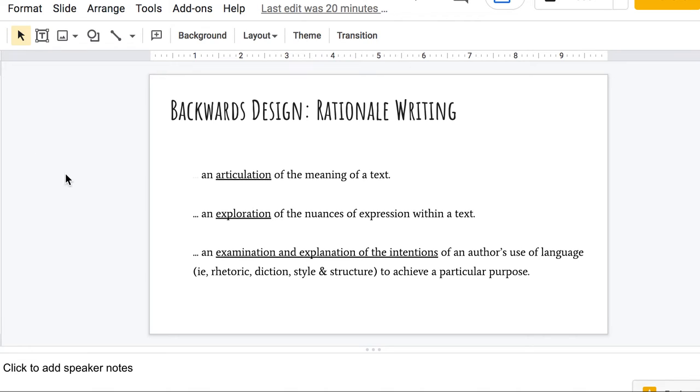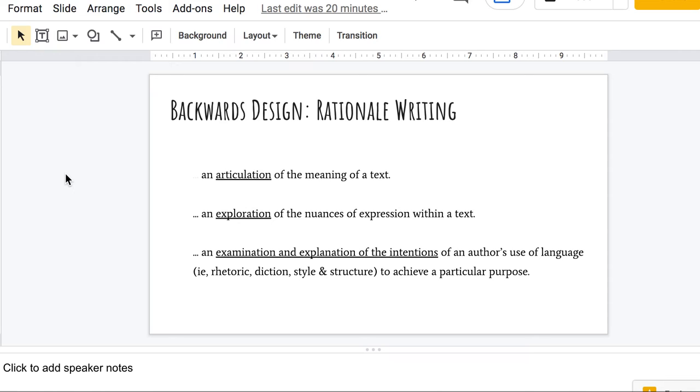Okay, so let's talk a little bit about backwards design very, very quickly. What is rationale writing as a whole, right? The first thing is that it's articulating a meaning of a particular text and then exploring the nuances that are expressed within the text. So you're showcasing through language, through visualizations, examples of Horatian or Juvenalian satire, or invective language, or examples of burlesque.